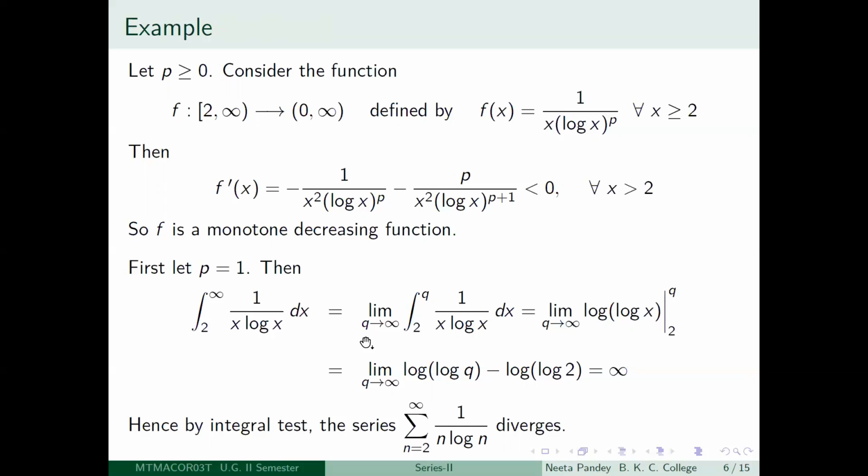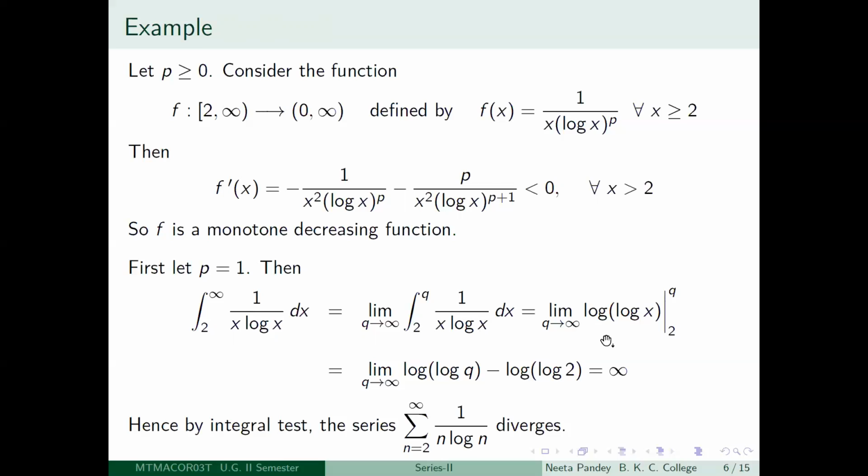You have to take the limit as q tends to infinity of integral 2 to q 1 by x log x dx. But notice, what is 1 by x log x? That is the derivative of log of log x, right? If you take the derivative of log log x, you will get 1 by x log x, exactly this.